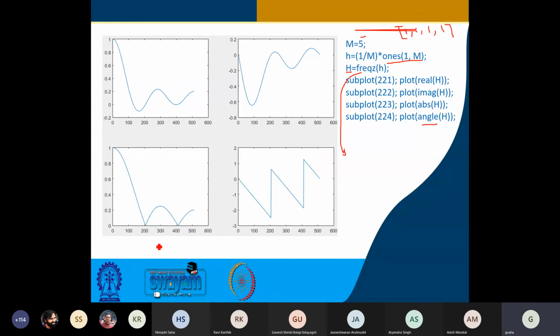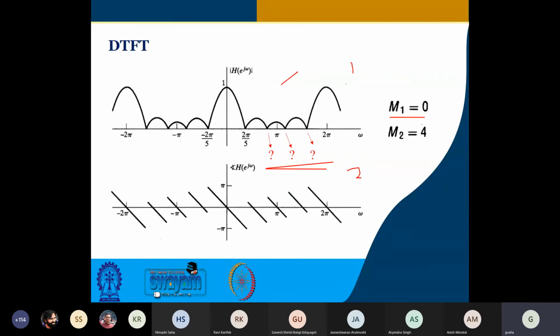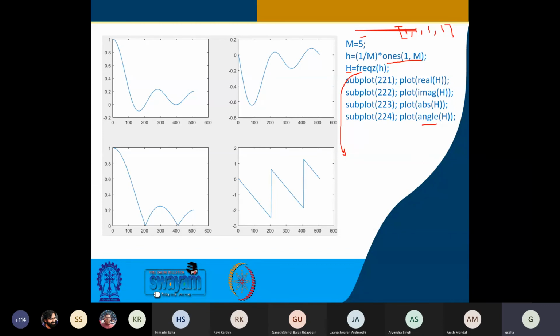The one that we had just done in the previous example for M2 equal to 4, which excluded 0, essentially in this simulation M is equal to 5. It mimics that particular part. And these are the two diagrams which correspond to 1 and 2.